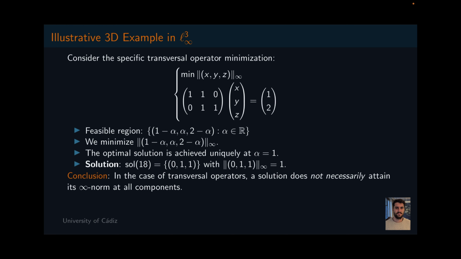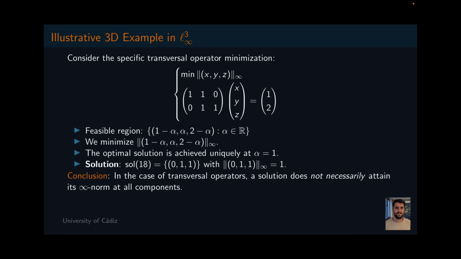Evaluating the infinity norm for all real values of alpha, we discover that the absolute unique minimum occurs exactly at alpha equals 1. This gives us the definite solution vector 0, 1, 1. The infinity norm of this optimal vector is exactly 1.